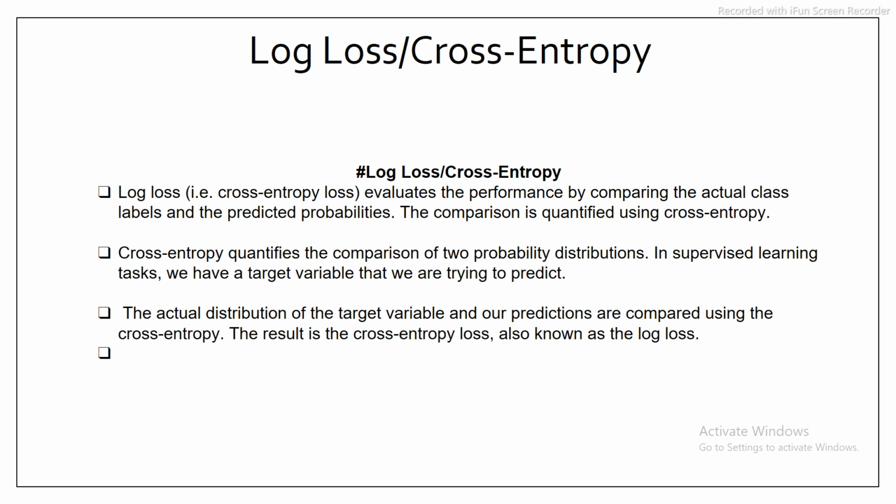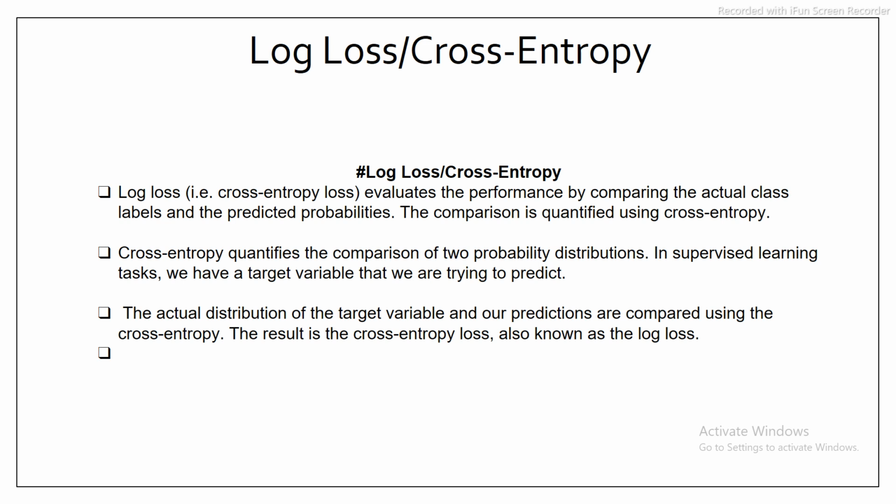The comparison is quantified using cross entropy, which quantifies the comparison of two probability distributions. In a supervised task, you have a target variable that you are trying to predict. The actual distribution of the target variable and our predictions are compared using cross entropy. The result is the cross entropy loss, also known as the log loss.